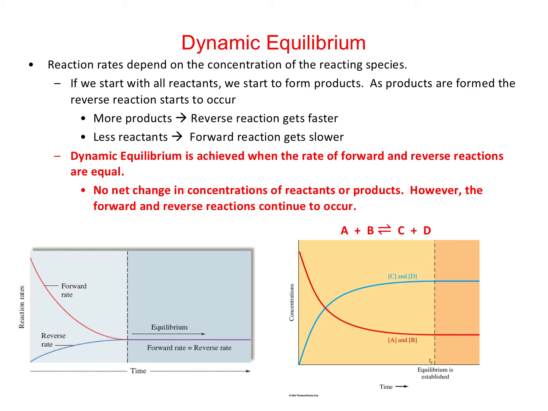Dynamic equilibrium is achieved once these two become equal. Once the rate of the forward reaction is equal to the rate of the reverse reaction, we are at equilibrium. That does not mean that the concentrations of the products and reactants are equal at equilibrium. It means they stop changing.